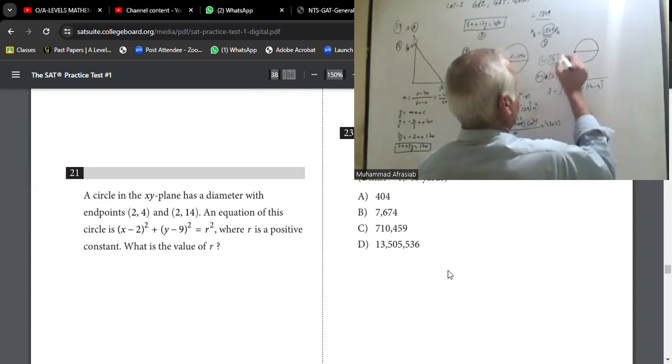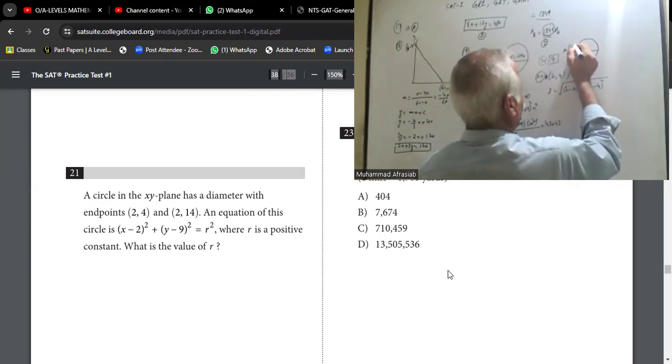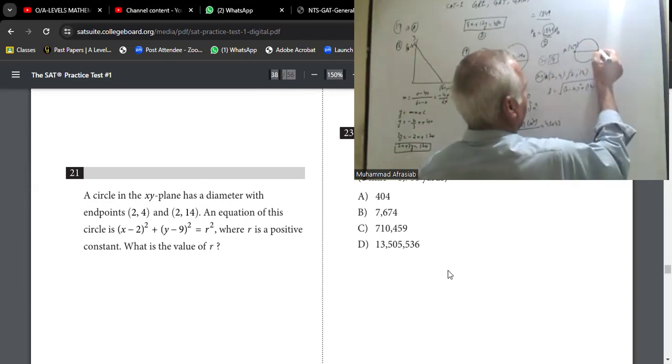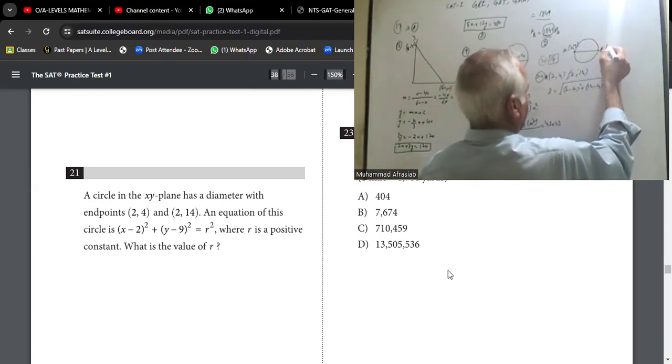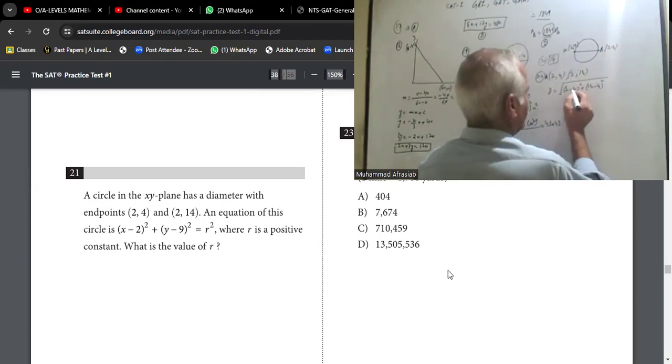One is A, 2, 4, and one is B, 2, 14. The diameter is equal to the square root of 0 plus 10 square, which is equal to 10.